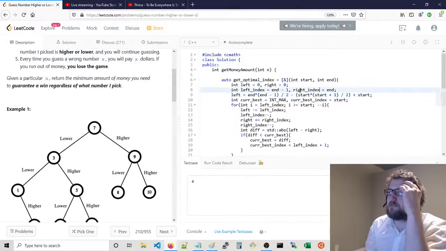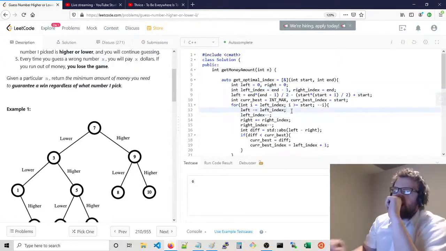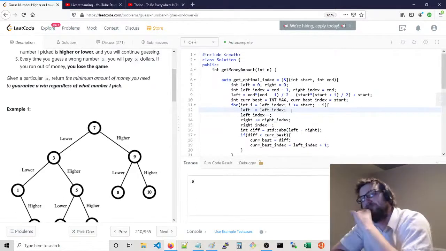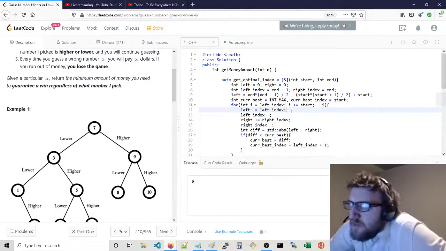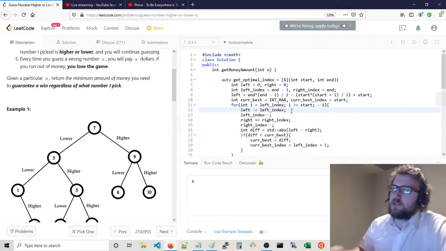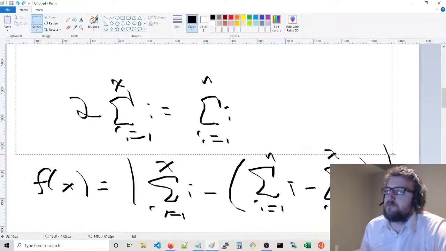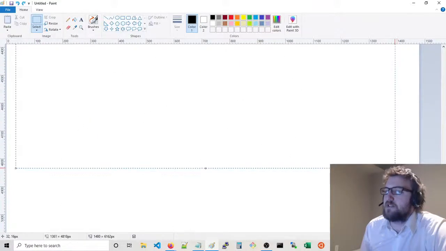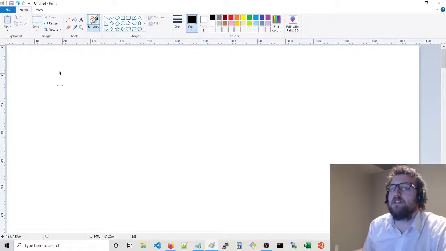I'm thinking about it. Alright, if we had 6, let's do 6 by hand. I don't think this problem is supposed to be that difficult. I think I just made it way more involved than it needs to be.